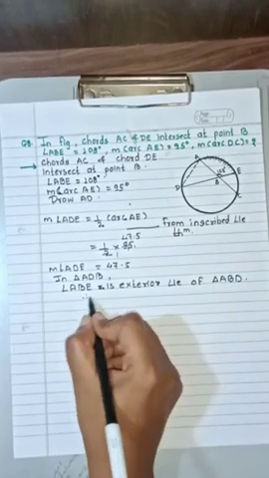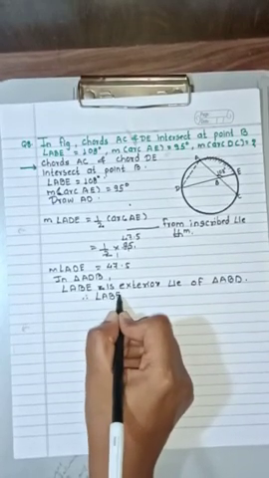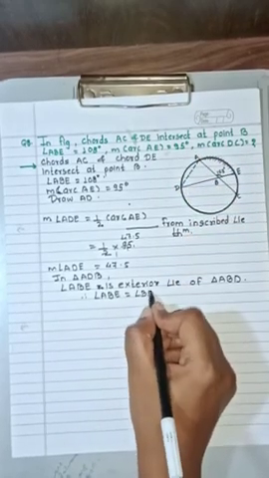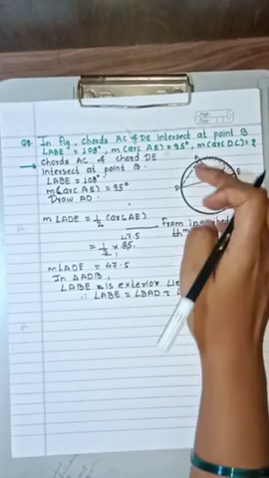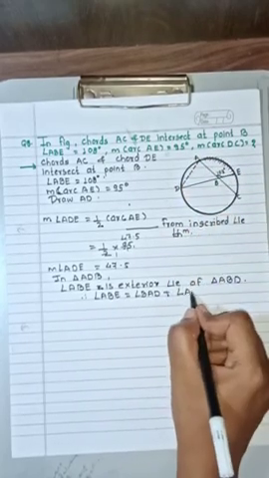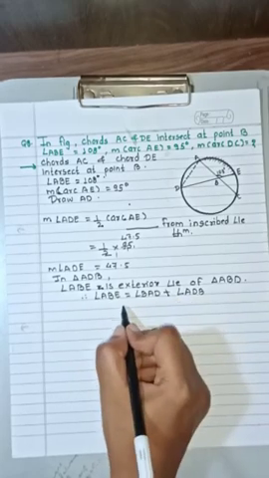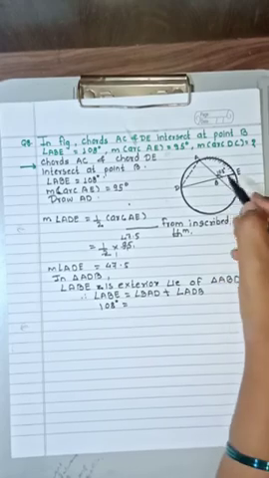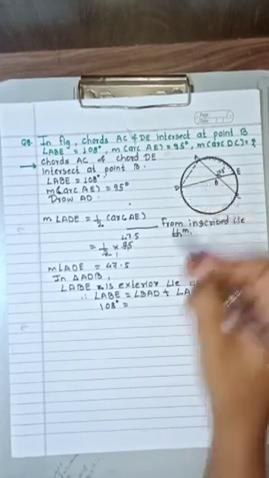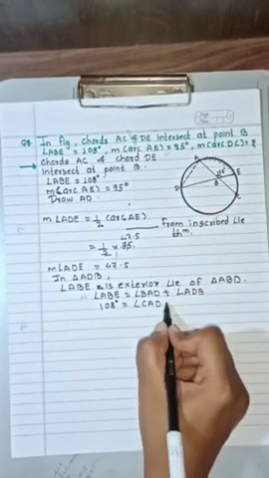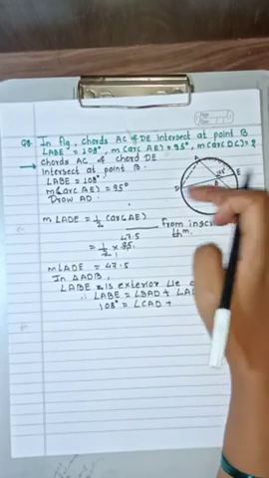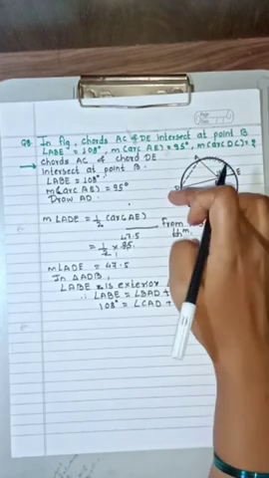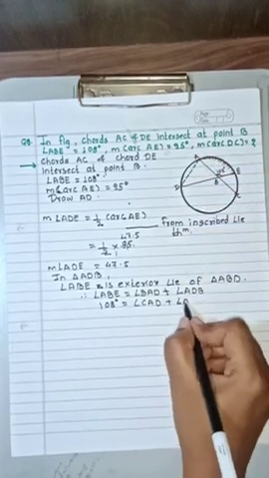Therefore you can write down here angle ABE is equal to angle BAD plus angle ADB. Now angle ABE is 108 degrees, this you know, and instead of BAD I can write angle CAD, and instead of ADB I'll write angle ADE.